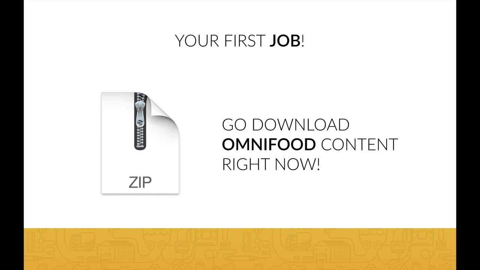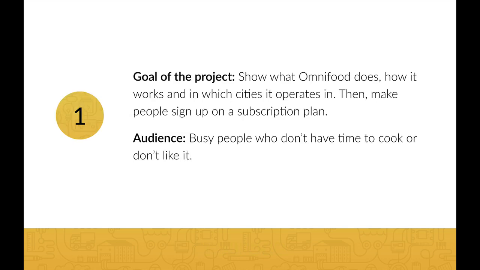Now, based on what OmniFood wants from us, we will start to put the 7-step plan we discussed before in action. So, starting with step 1. As you probably remember, step 1 is all about defining the project.